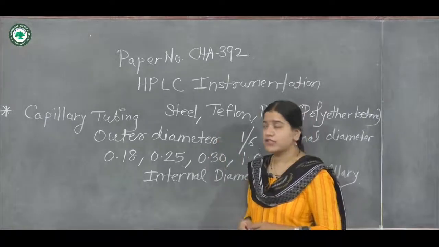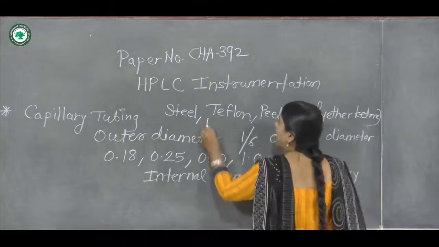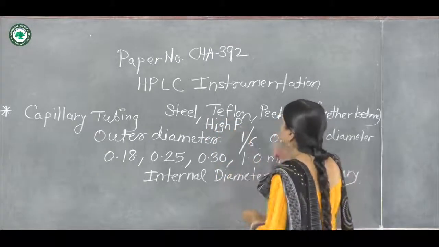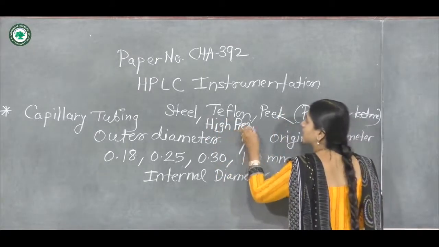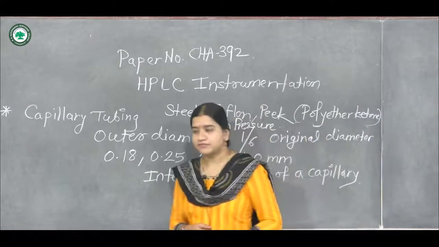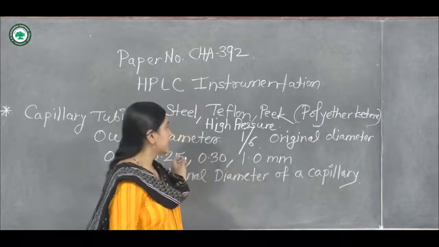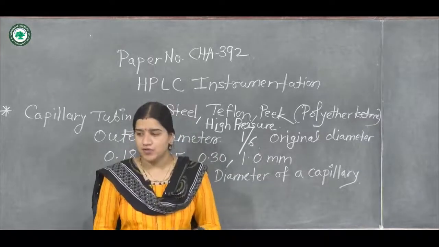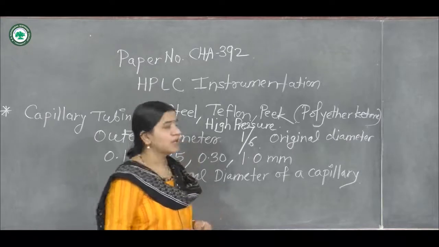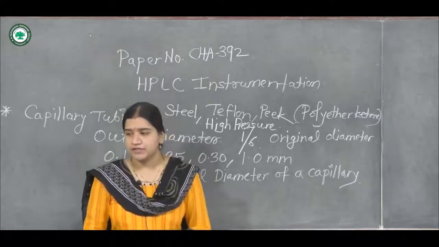Teflon can withstand a high pressure range, while PEEK cannot withstand a high pressure range. Hence, these are the three different types of materials which are used for the preparation of capillaries.